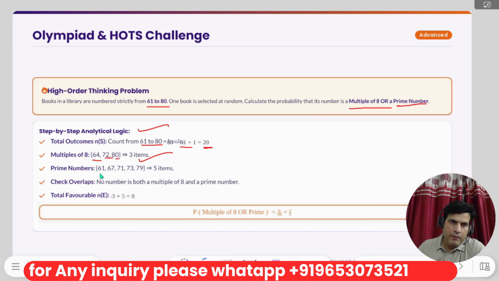Prime numbers are 61, 67, 71, 73 and 79, that is 5. Check overlaps: no number is both a multiple of 8 and a prime number. So total favorable is 3 plus 5, that is 8. So 8 upon 20, that is 2 by 5.